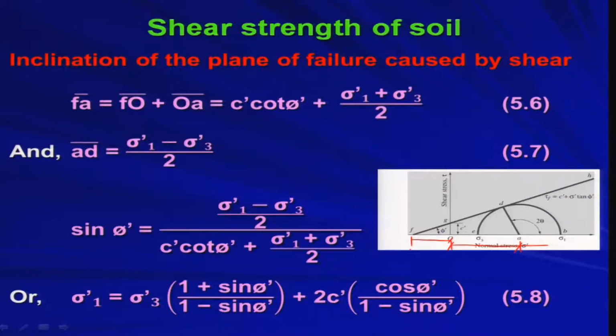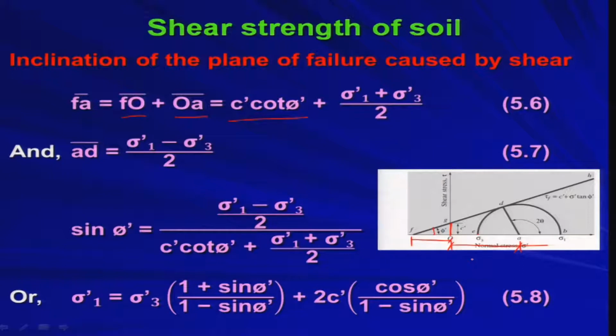What is FO? FO is nothing but c prime cot phi, where this angle is phi and this is c prime. So FA is c prime cot phi plus (sigma 1 plus sigma 3) by 2. Here OE is your sigma 3, similarly OB is your sigma 1, so (sigma 1 plus sigma 3) by 2 is nothing but OA, agreed.